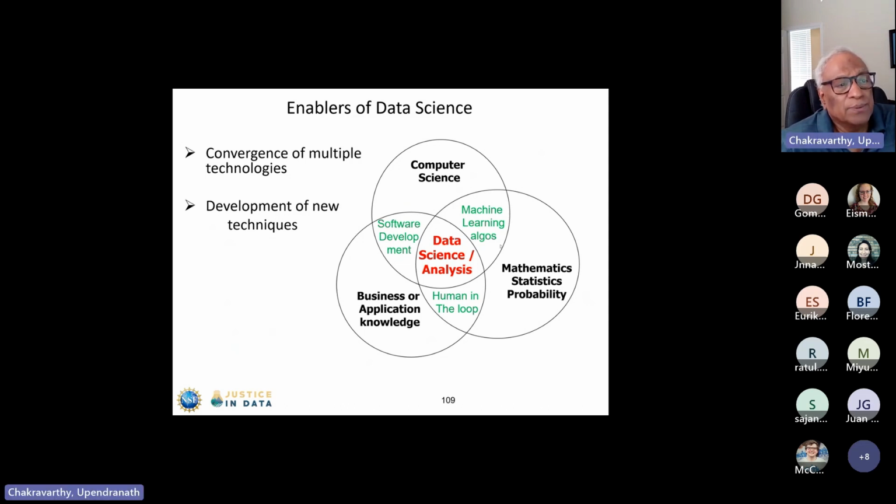In terms of specific techniques, machine learning techniques, software development, human in the loop. This is very important, because I think data analysis still cannot be done without a human in the loop. We want to minimize the role of the human, but we still don't know how to eliminate it, because somebody has to interpret and understand and think whether it is right or wrong.